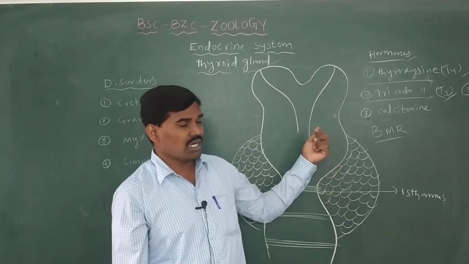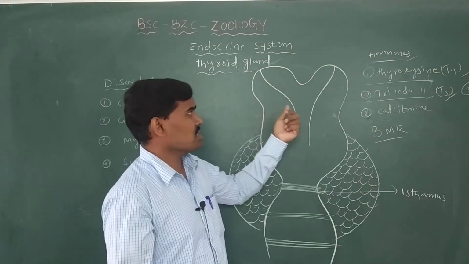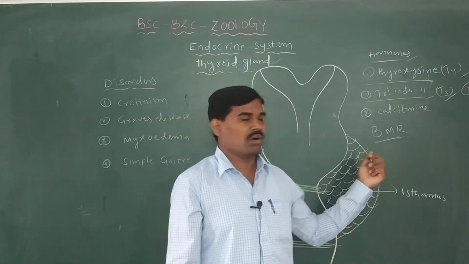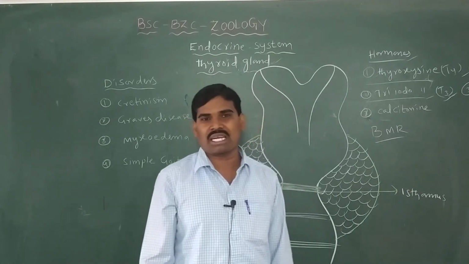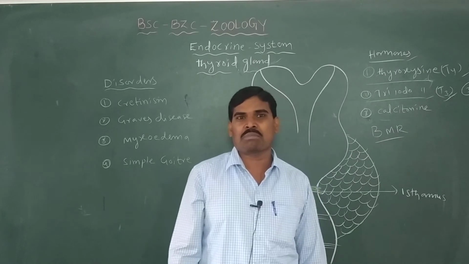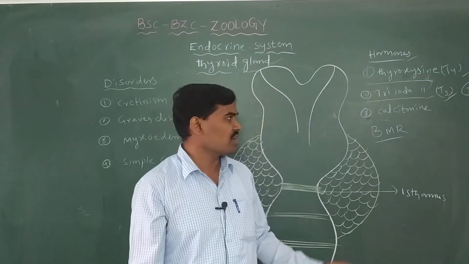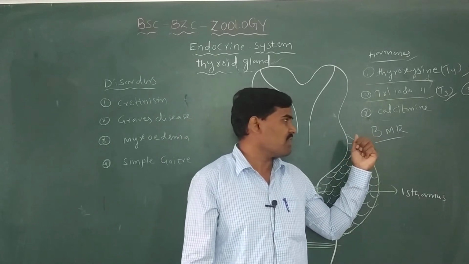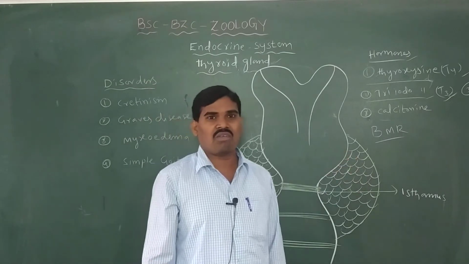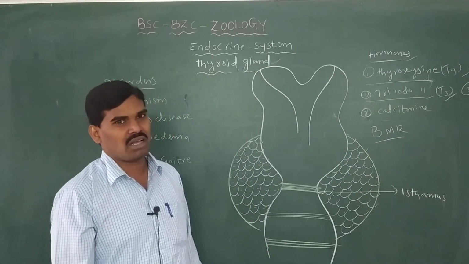The main functions of thyroxine are controlling the BMR, basal metabolic rate, and maintaining body temperature. Next are respiration, heart function, circulation, and kidney functions. About 70% of all functions are controlled by the thyroxine hormones.